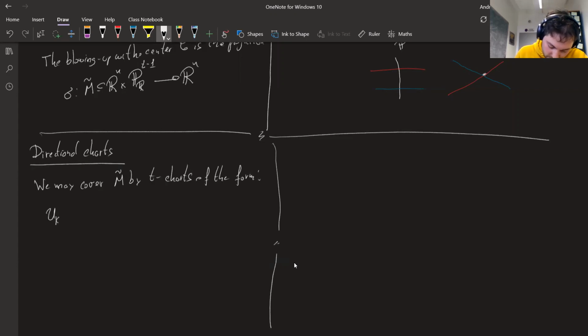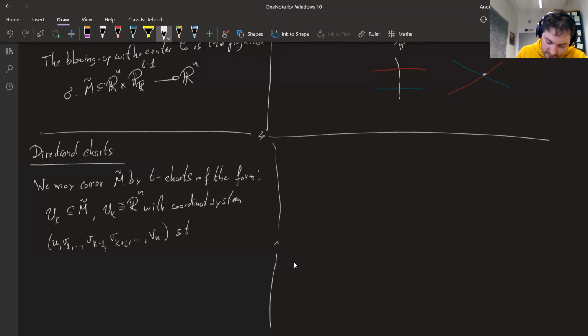UK contained in M tilde, where UK is going to be isomorphic to Rn, with a coordinate system that I'm going to note like this, with u, v1, up to v k minus 1, v k plus 1.